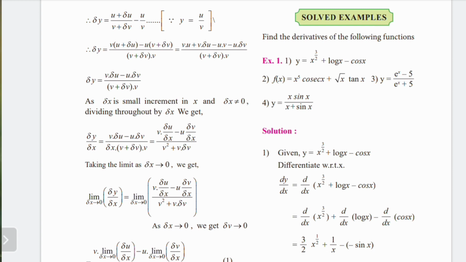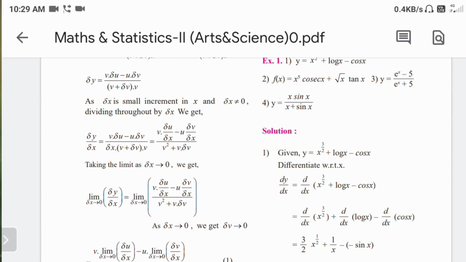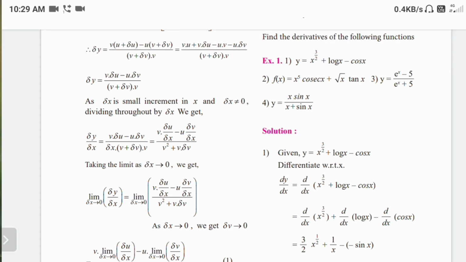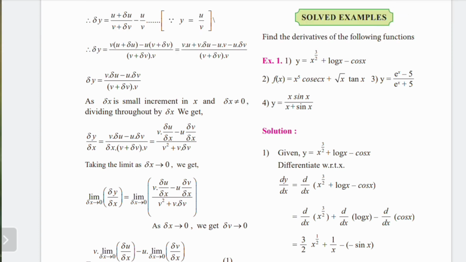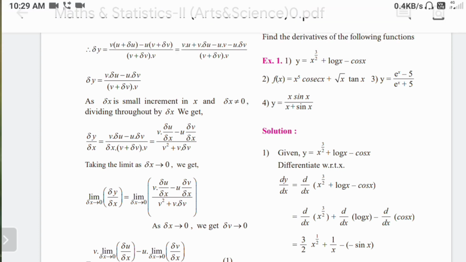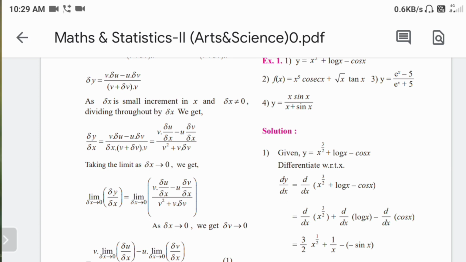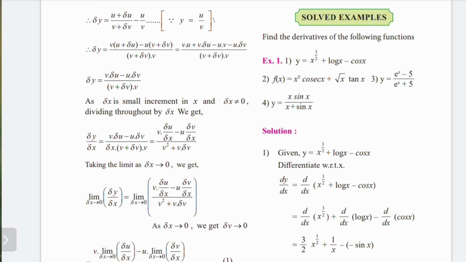So consider the first example of this derivative. All of these examples have been taken from the 11th mathematics book. You can get it from Google Drive or as such. There are lots of websites which will provide you the soft copy of this book.